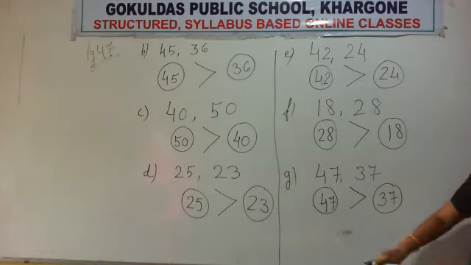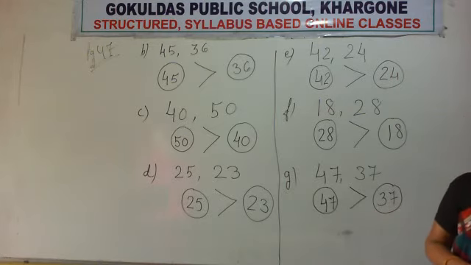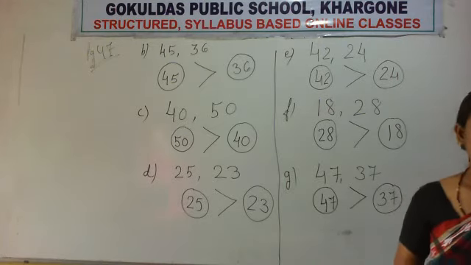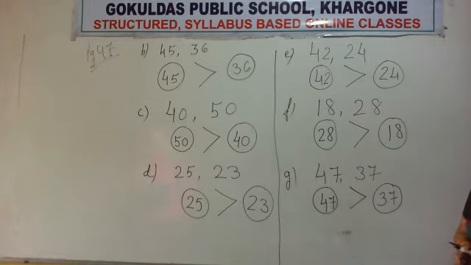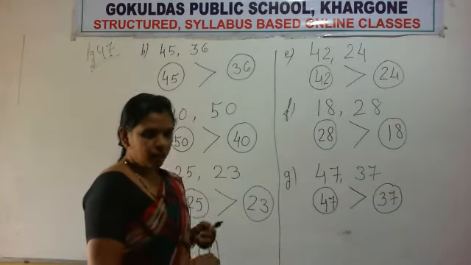How do we read this? 47 is greater than 37. Okay, copy this. Two questions are remaining, H and I.